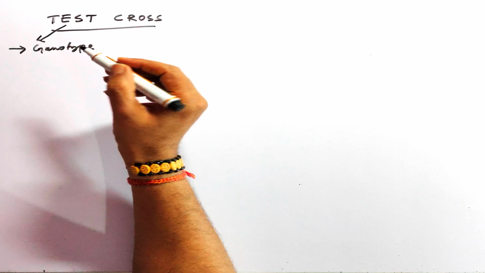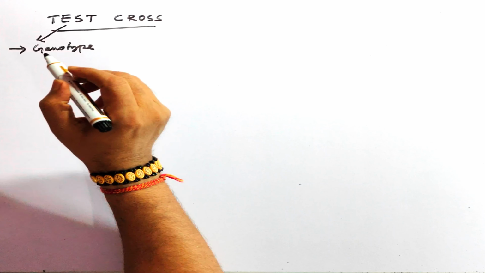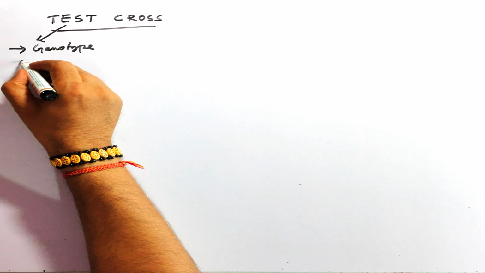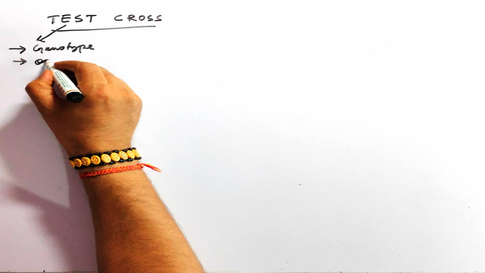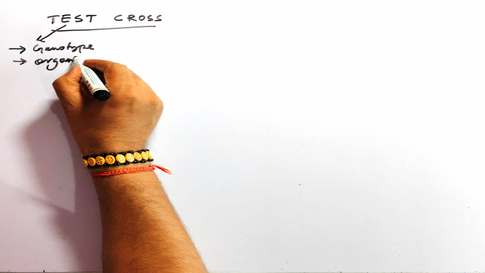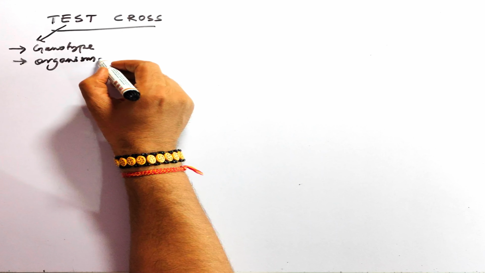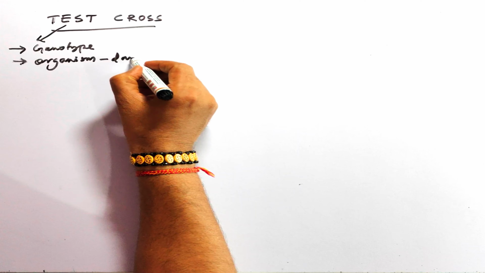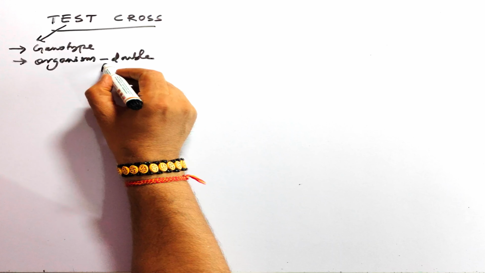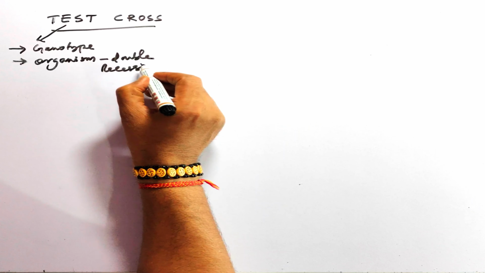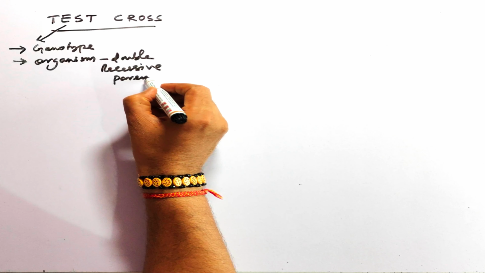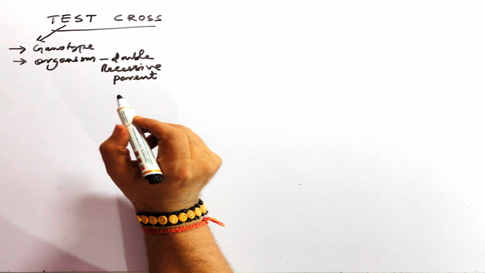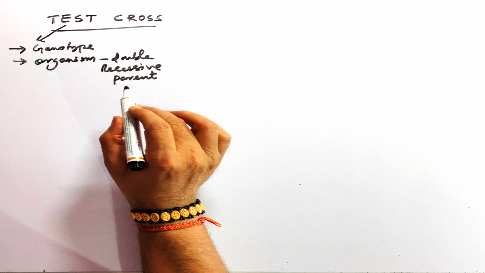So in the cross we have to cross the organism with a double recessive parent. We will discuss what that is.